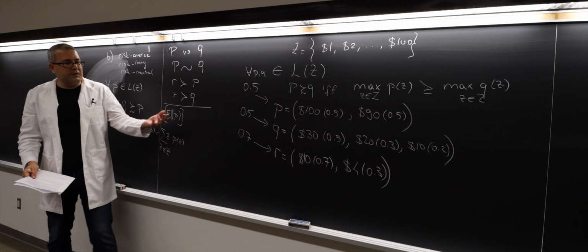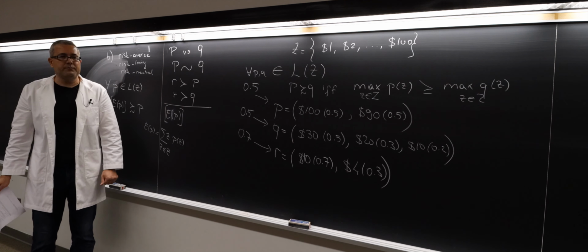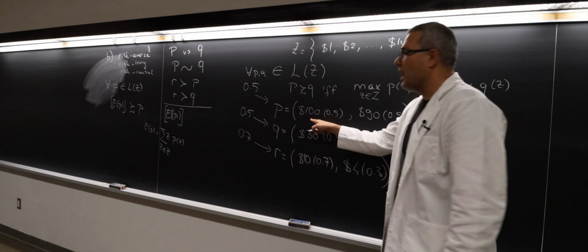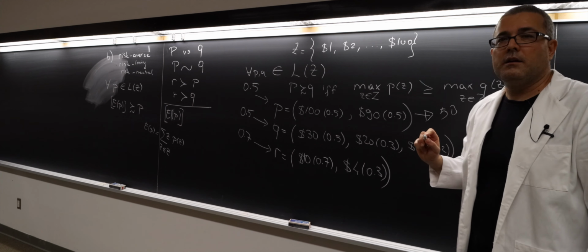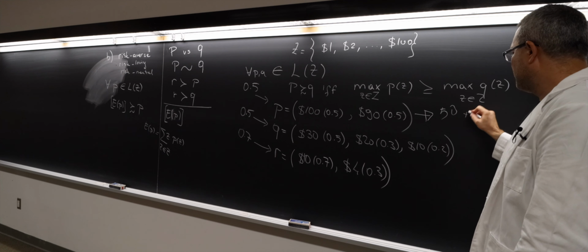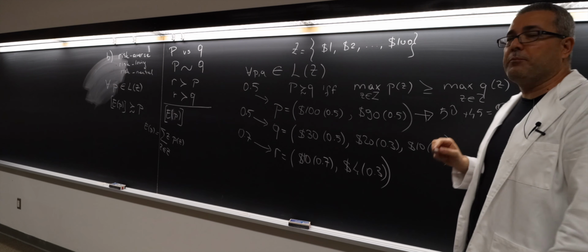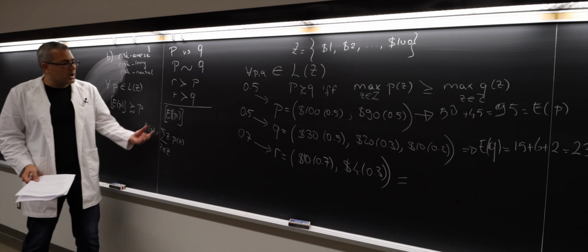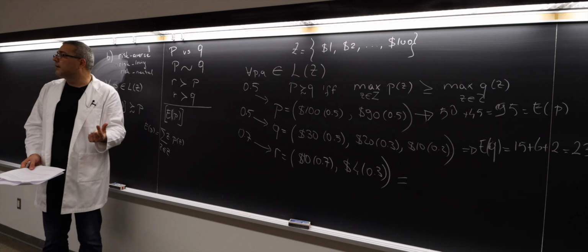So, if this is the lottery P, what is the expected value of this lottery? 100 times 0.5 is 50, plus 90 times 0.5 is 45. So basically it's 95. So this is E of P. What does a degenerate lottery E of P mean?